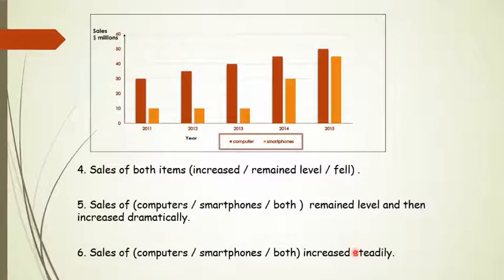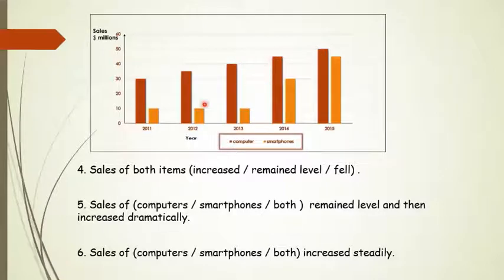We have another few sentences, same chart. Number 4: sales of both items increased, remained level, or fell. Look at the first one, computers. What happened to the sales? You could see there's an increase.